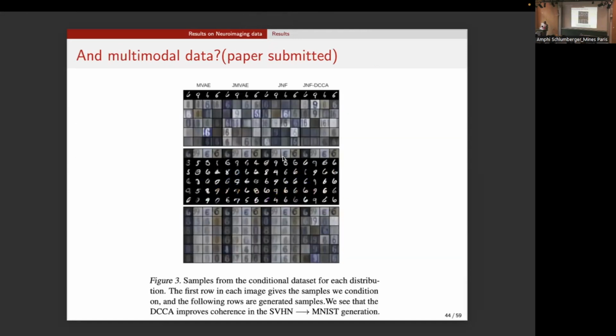And Agathe, who's not here, I thought maybe she's online. Agathe has done the job for what happens if you have multimodal data. So not a single modality, not just T1, but I have T1, T2, DWI, whatever, and tabular data as well.